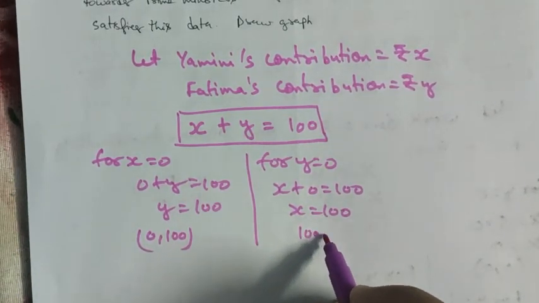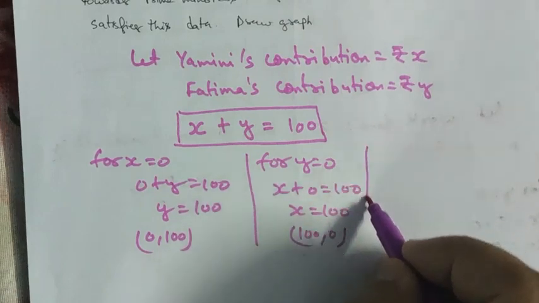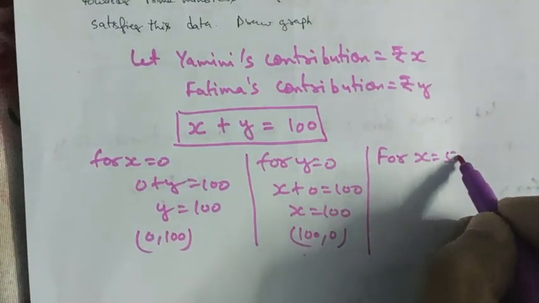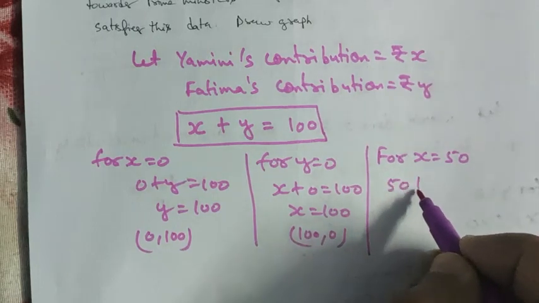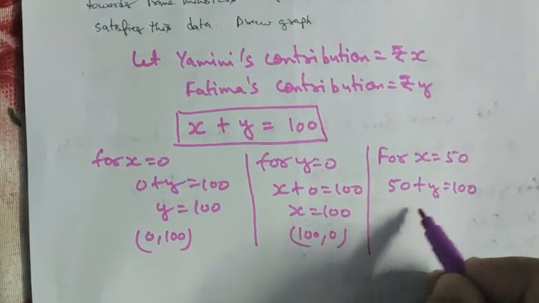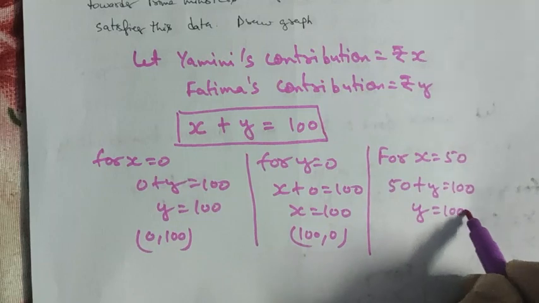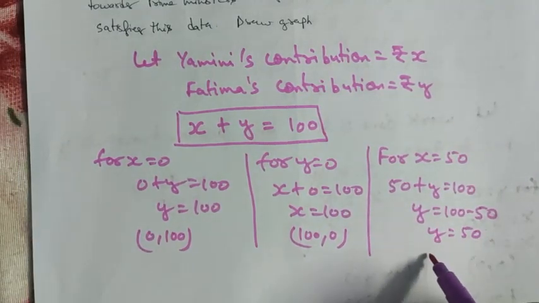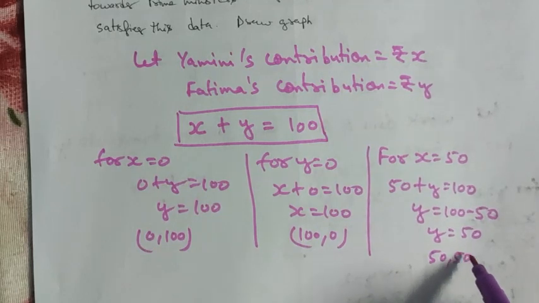So 100, 0 is the second pair. For x equals 50, suppose, then 50 plus y equals 100. So y equals 100 minus 50, y equals 50. The third point will be 50, 50.